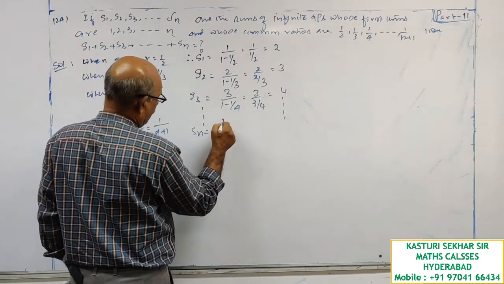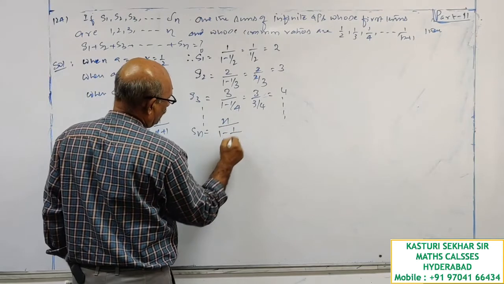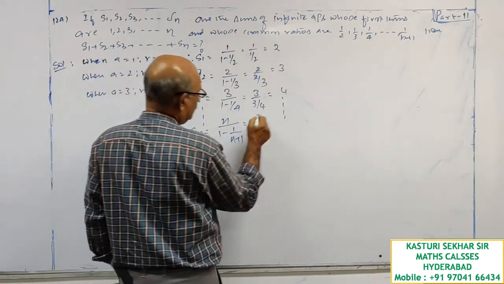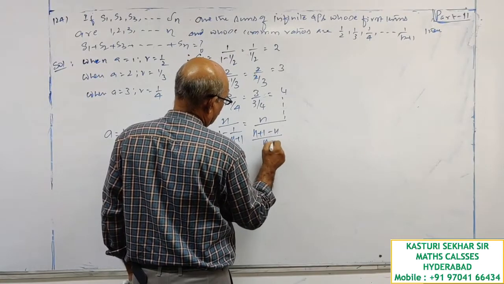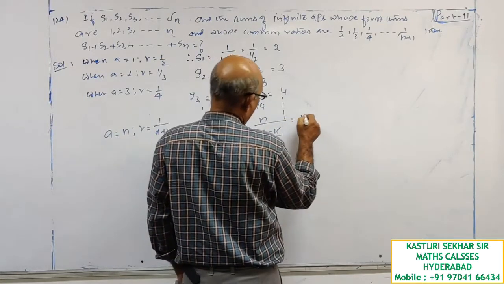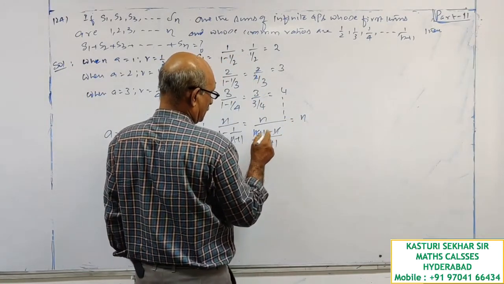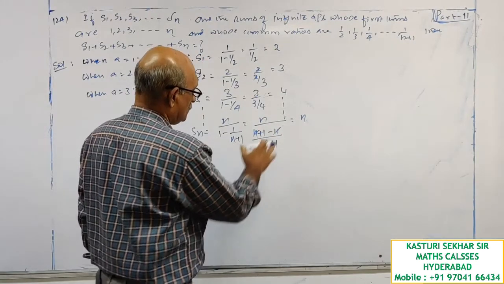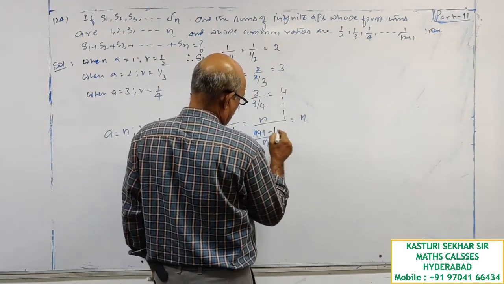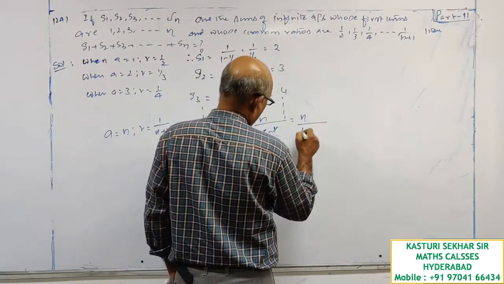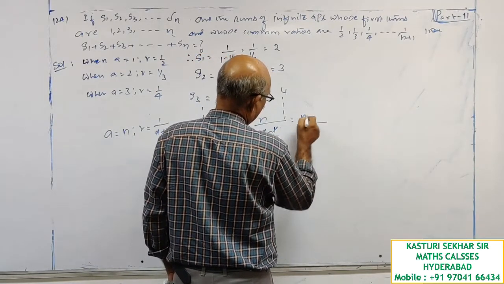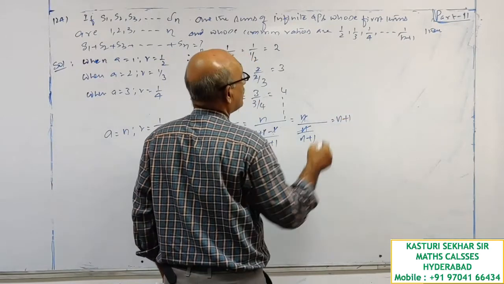Sn is equal to n divided by 1 minus 1 by n plus 1, which simplifies to n plus 1.